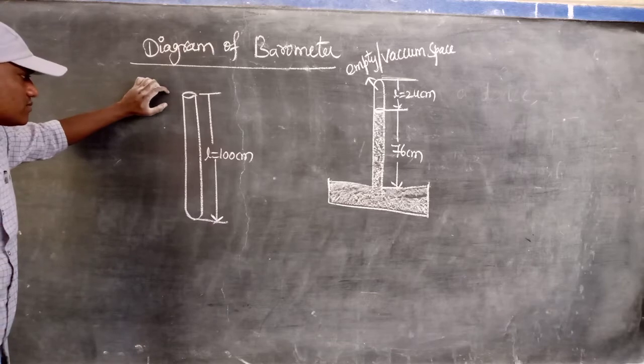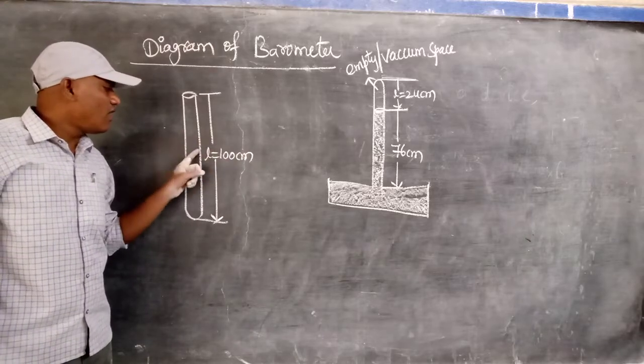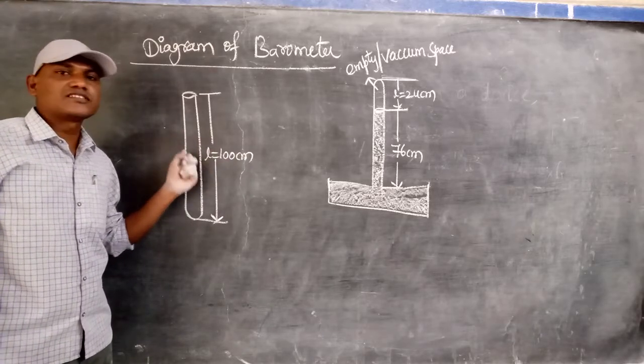A barometer is a 1 meter or 100 centimeter length of glass tube.